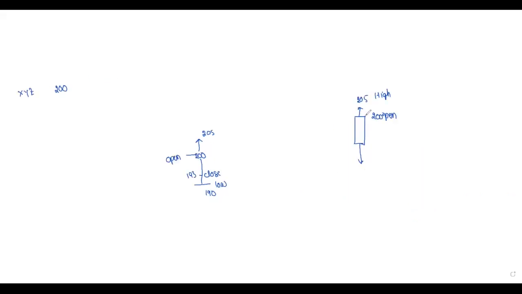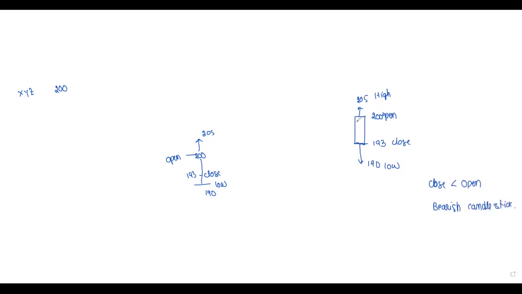Now take another example: it opened at 200 rupees, went to a high of 205, came to a low of 190, and the final closing price is 193. So here the close is less than open. Then it is called a bearish candlestick.